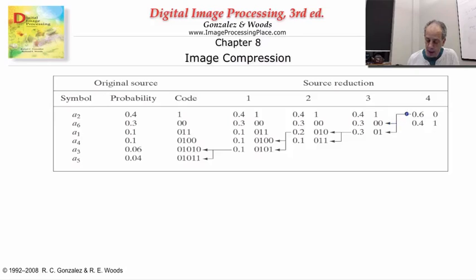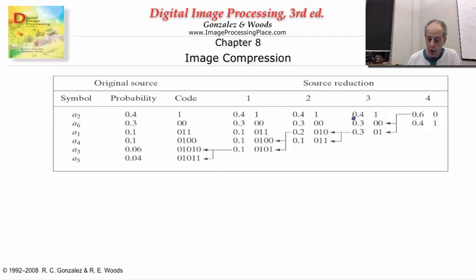So we propagate back the 0, and the 0.6 came from 0.3 plus 0.3, so we add a 0 and a 1. And we of course propagate the 0.4 to this column without adding any bits.